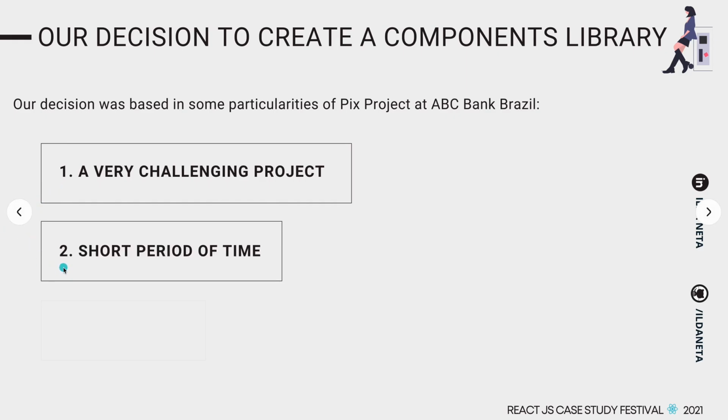The second particularity was a short period of time to develop it, because we would have to finish the implementation in 3 months. We started in August and finished in the beginning of November, as the application had to be available at Play Store and Apple Store by November 16th.